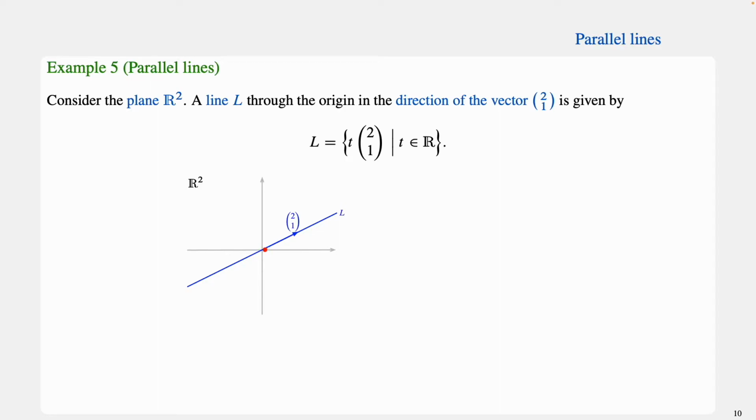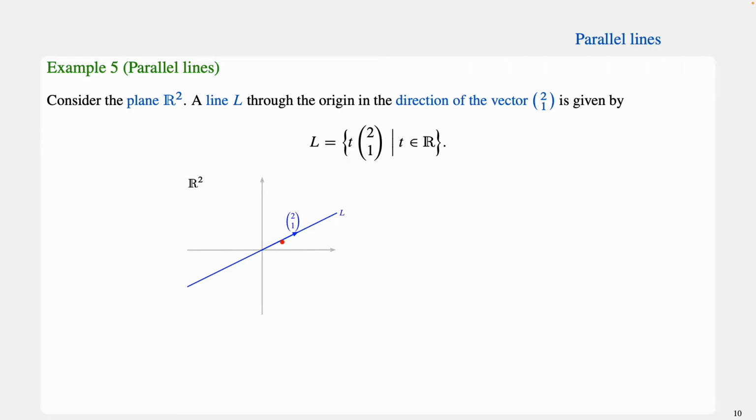So the vector (2, 1) means we go 2 steps along this axis and 1 step along this axis. Then we have this vector. And if we multiply this vector by some number t, that means we either stretch or shrink this vector, depending on whether the absolute value of this number is greater or less than 1.